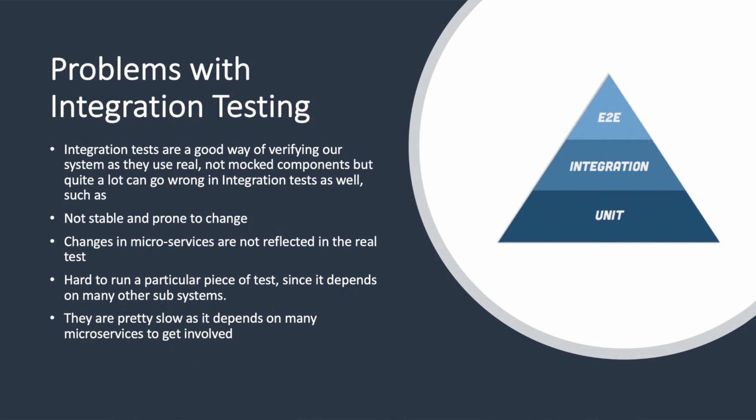Because as you know, within integration testing, changes in microservices are not reflected in the real test cases, and because of that, it is not as stable as other test cases, something like the unit test cases, and it is very hard to run a particular test since it depends on many other subsystems, and they are pretty slow as they depend on many different microservices within your own organization.